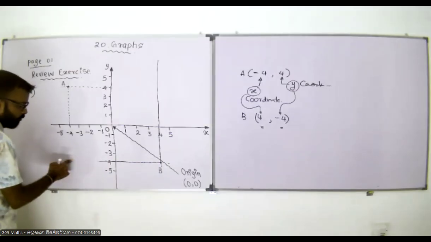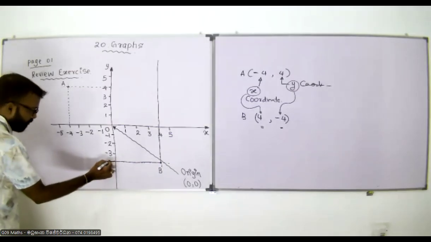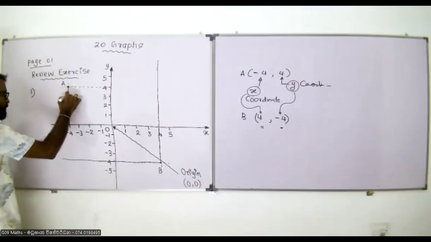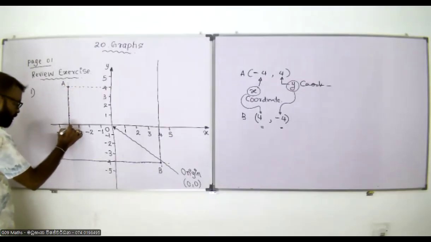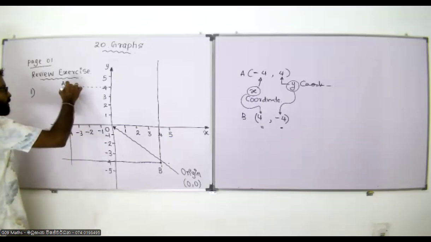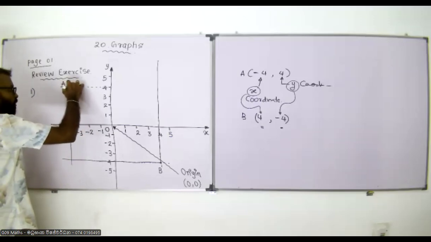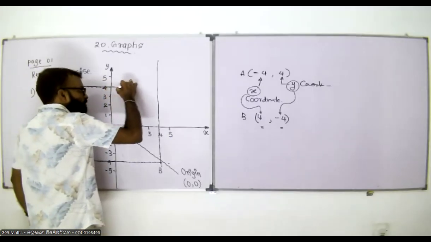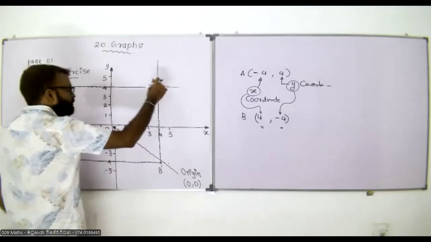That's how you are going to form a square by using these points. Now this is my square.